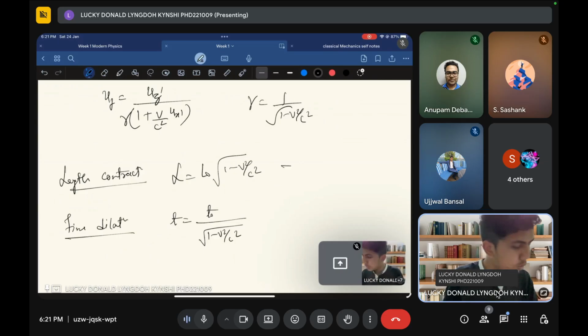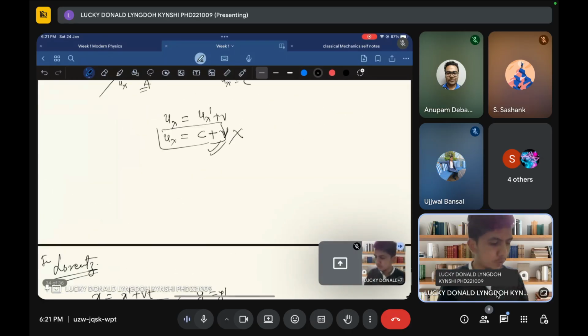Here L naught is the proper length, and t naught is the proper time. Okay, so let's quickly solve the problems.